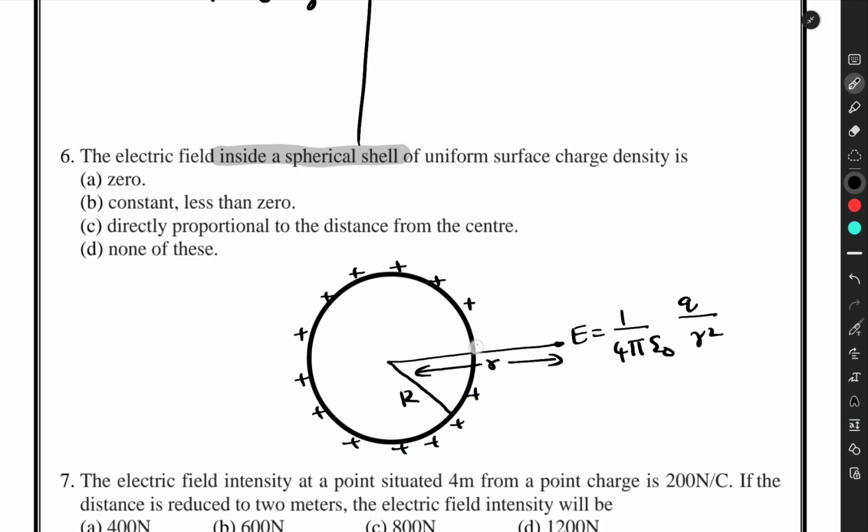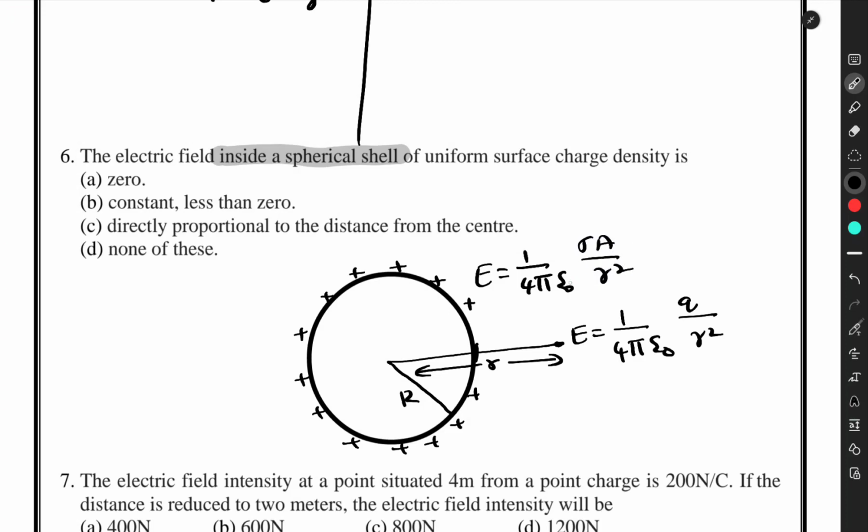So on the surface, the electric field will be sigma R square divided by 2R, or you can consider it like this: E is equal to 1 by 4 pi epsilon naught sigma A divided by R square.